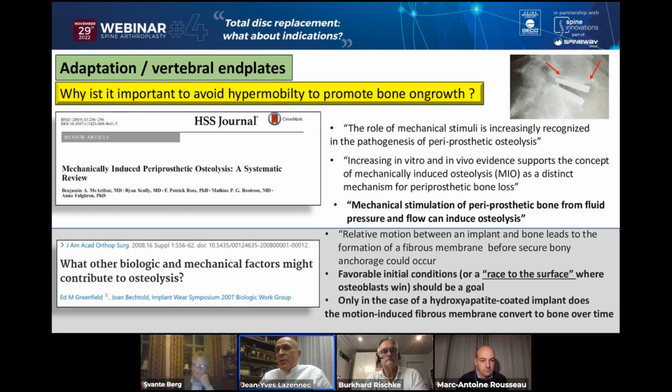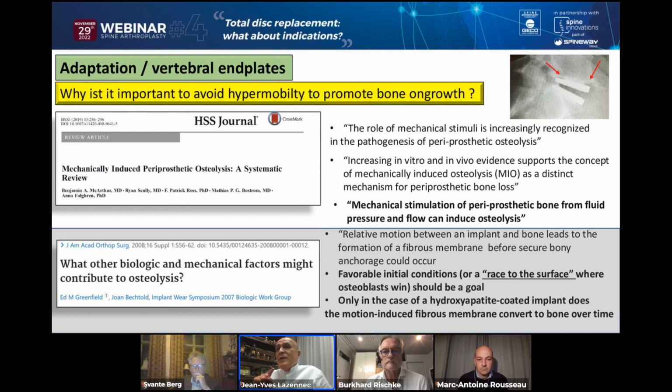It is a very well-known paper. Two conclusions: a favorable initial condition, or a race to the surface where osteoblasts win, should be the goal. I think it is a very important message for us as spine surgeons. The race to the surface, the race to obtain a sufficient contact to have good bone stabilization.